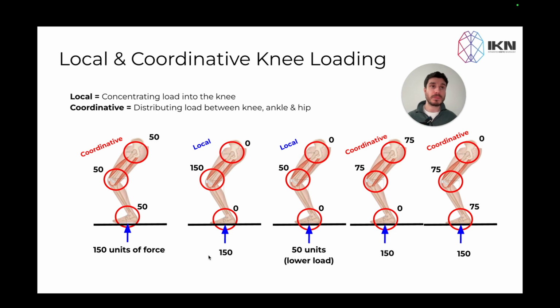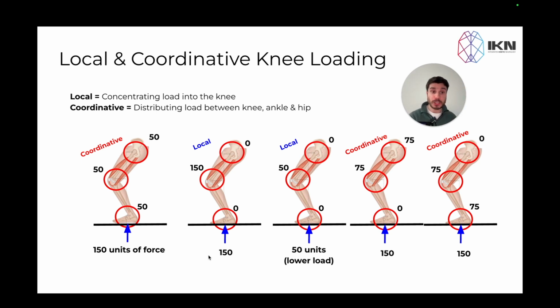Okay, because sometimes you'll have clients that have great local load capacity around the knee, but when they engage in more multi-joint activities that involve the hip, the knee, and the ankle, they struggle to distribute that load more broadly. They struggle to actually share workload into the hip and into the ankle. That's a scenario where you may want to drive more coordinative strategies.